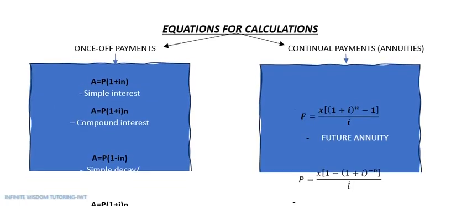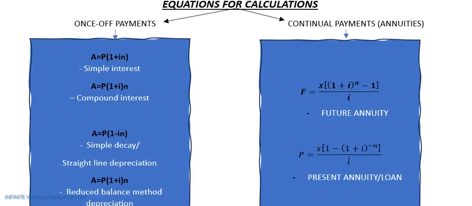Let us start by perusing through the equations which we use in calculations. First, we need to notice that there are two categories of calculations or formulas. The first one is the once-off payments and the second one is the continual payments.